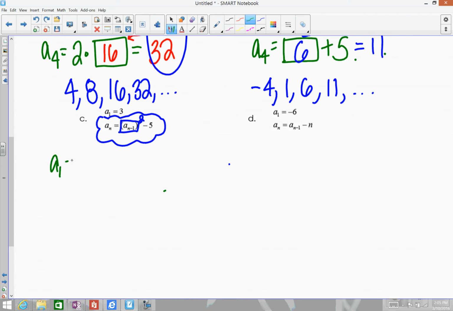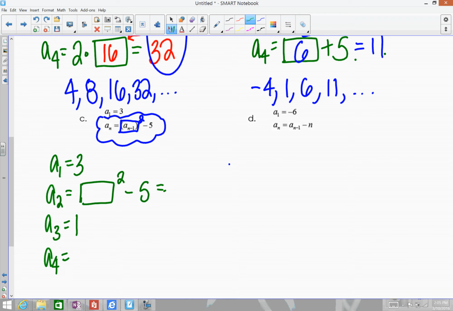So I have a1 equals 3. And then I'm going to list out my terms, and I'm just going to write a square wherever I'm going to insert the previous term, squared minus 5. So this is the recursive part. And then I'm going to fill it in.